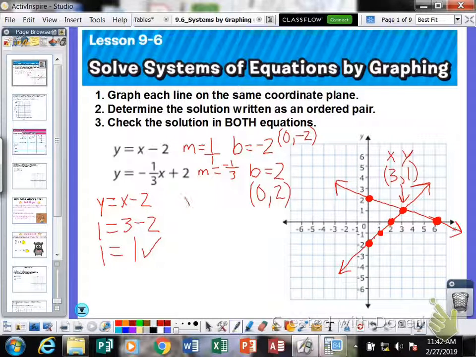So now if I want to do it for the next one, I have y equals negative 1/3 x plus 2. So if we plug in our x and our y, I'm going to have 1 equals negative 1/3 times 3 plus 2.